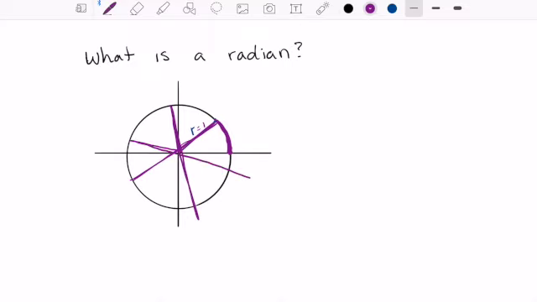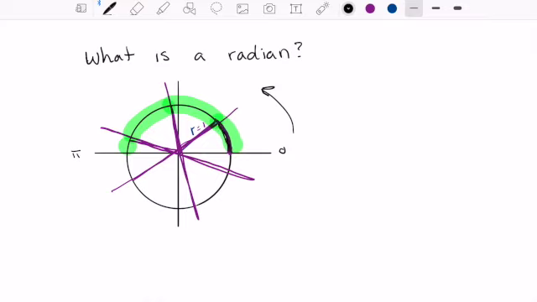Now, what I want you to notice is if we look here, let me get a highlighter out. I have 1 radius or radian here, 2 radians, 3 radians, and then part of a radian here, right? There's some distance there. Well, what is that distance? Well, the distance from here all the way to here is a distance of pi radians, 3.14159.